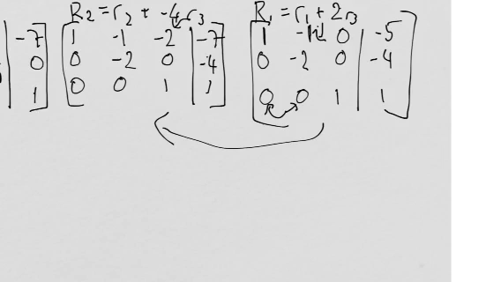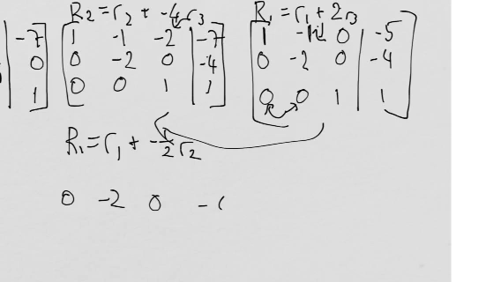We can first write row 1, because that's the row that we're changing, equals, we can do row 1 plus -1/2 row 2. Because we're only changing row 1, we can write down row 2 and 3, so 0, -2, 0, -4.